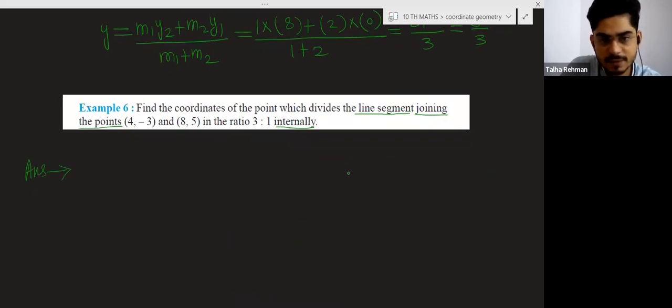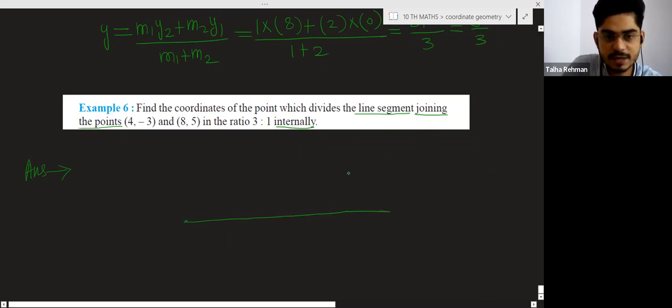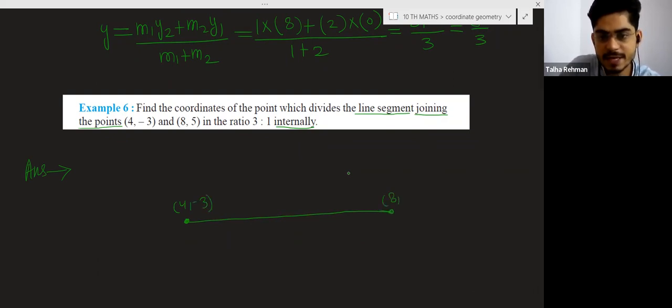They are saying we have a line segment, and this has a coordinate of 4, minus 3, and another point has the coordinate 8, 5.